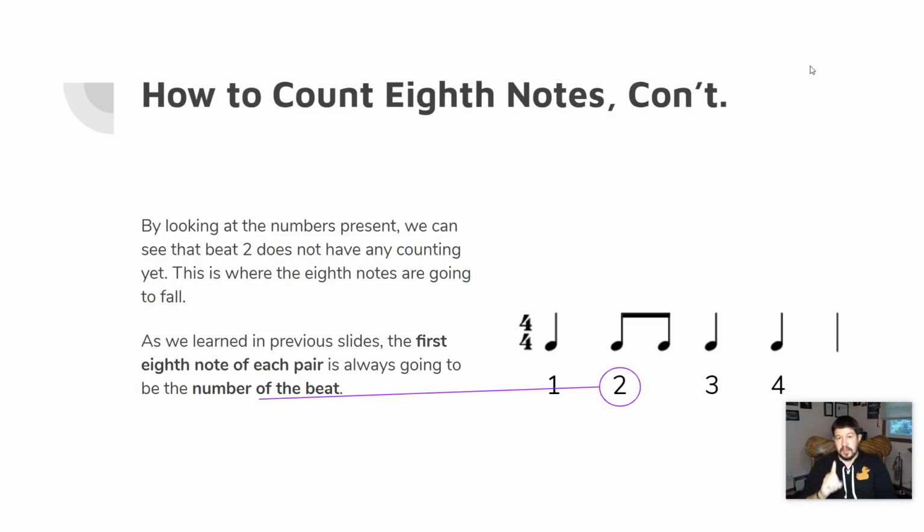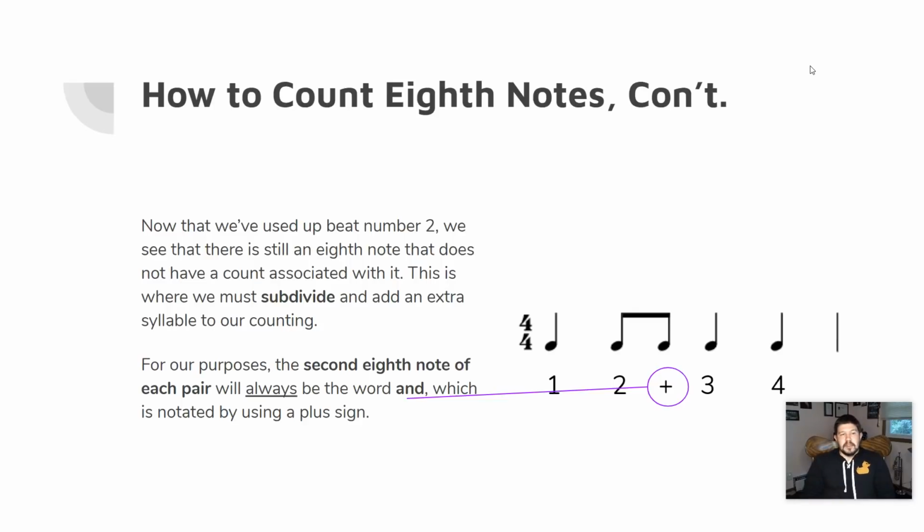It has to be a pair of eighth notes for this strategy to work. We will get into single eighth notes a little bit later on, but I want to focus on the pair of eighth notes right now. So the first eighth note of each pair, going from left to right, is always going to be the number of the beat that you are on. In this example, it is beat number 2 because it is in that second position inside the measure.